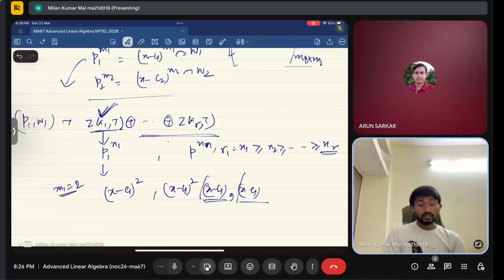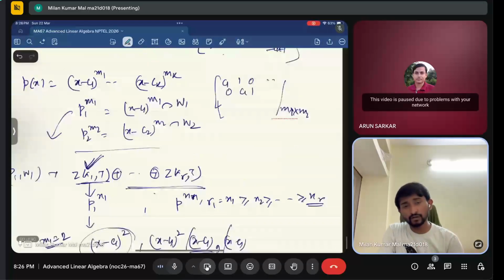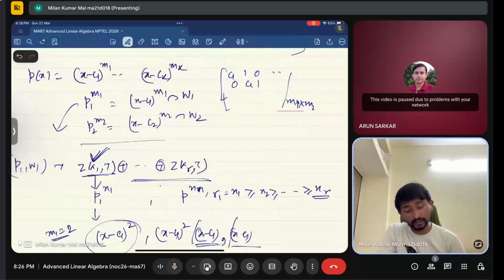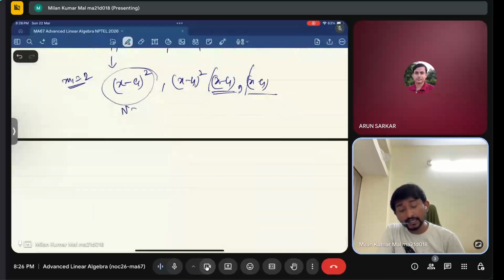So now the component matrix corresponding to this is somehow connected. I am not going to discuss it, but consider the component matrix of the nilpotent matrix: if N is T minus C1 I, then N squared is zero.